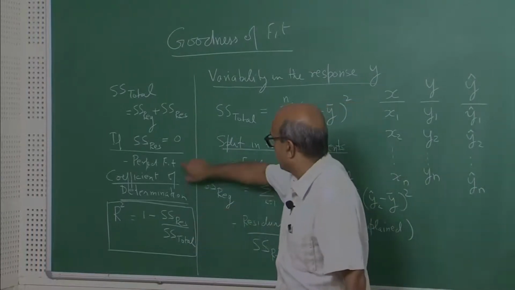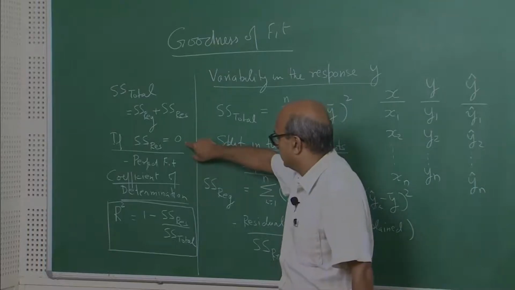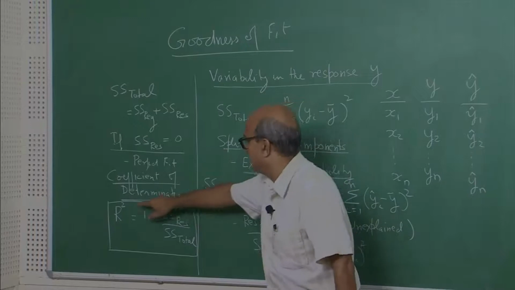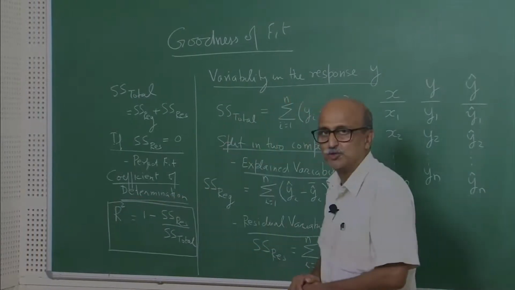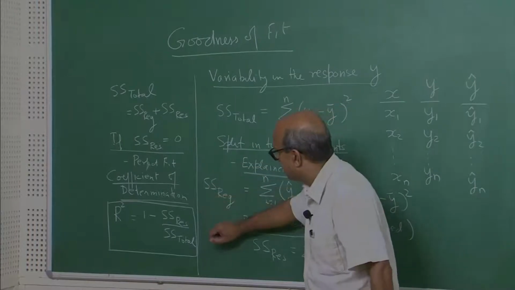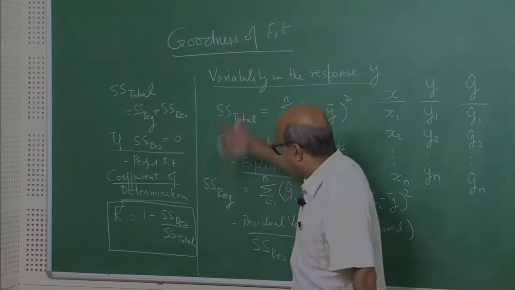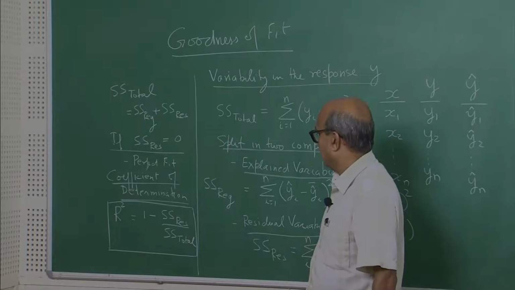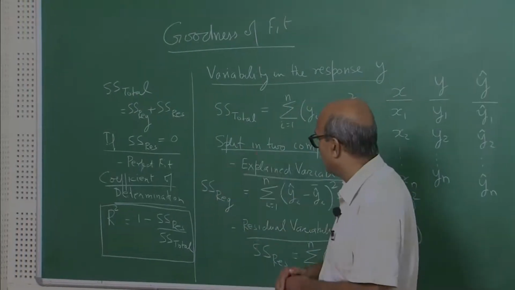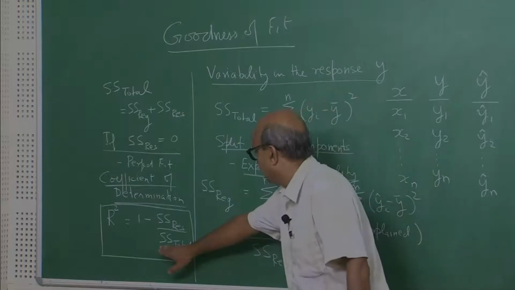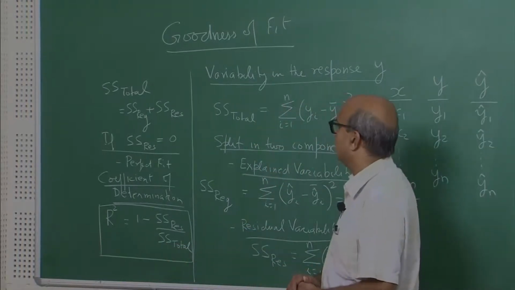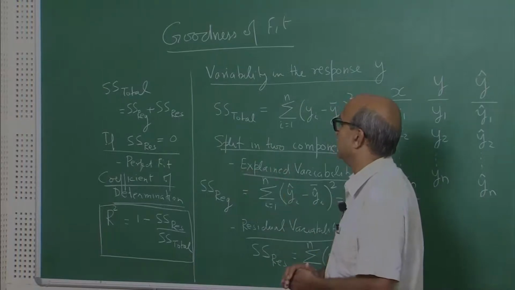When we have a perfect fit, when the sum of the squares of the residuals is 0, you can clearly see that R square is going to be 1. In all other cases, SS residual is going to be some finite positive value less than the total variability SS total, and hence R square is going to be less than 1.